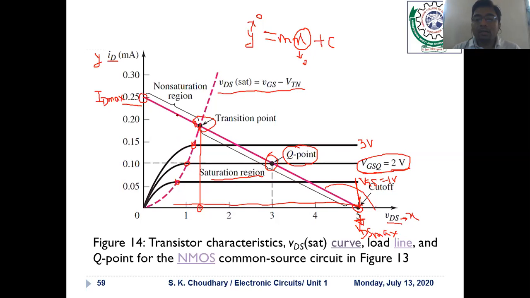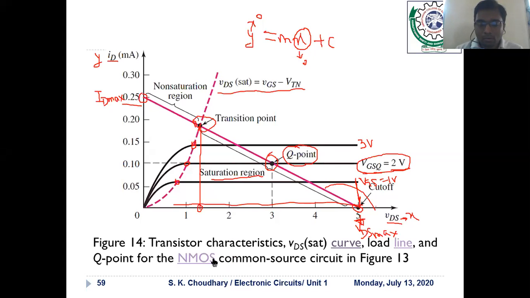This is a very important concept. The Q point can move depending upon the value of VDS. As VDS is greater than VDS sat, it is in the saturation region. If it is less than VDS sat, it is in the non-saturation region. So these are the three regions of operation, also defined through this concept.